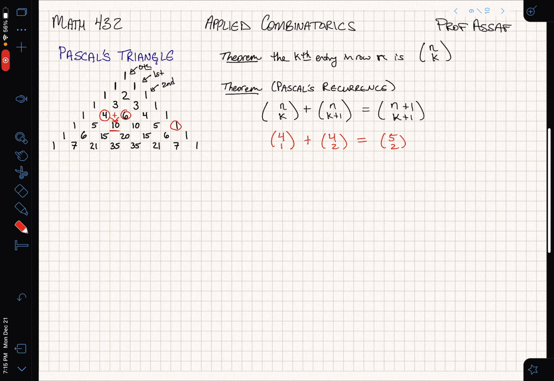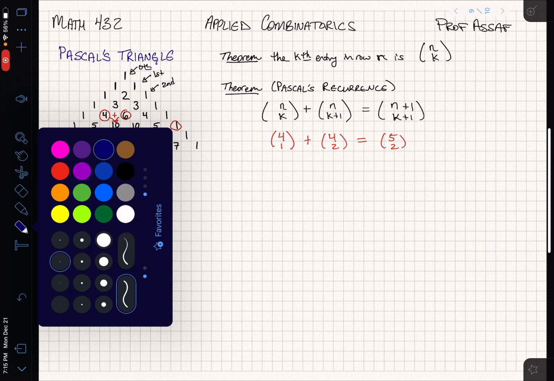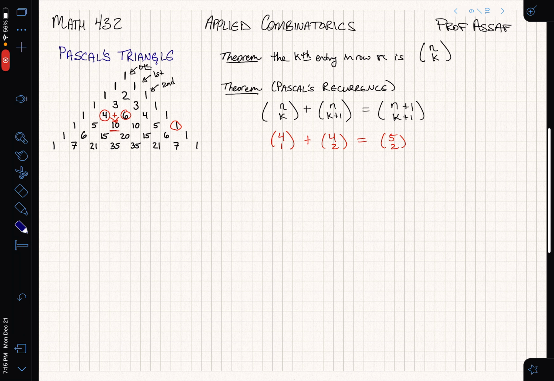That's what the highlighted example is over here on the right. So it's telling us that this algorithm by which we generate Pascal's triangle is the same algorithm satisfied by the binomial coefficients. And then once we check our initial conditions and see that they are indeed the same, that 0 choose 0 is 1, there's one way to do nothing, then we indeed get Pascal's triangle giving us the binomial coefficients. So let's prove this recurrence relation.